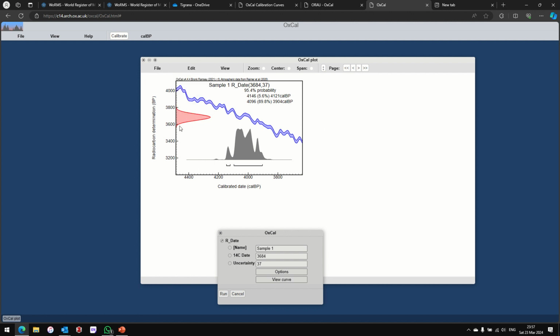This red curve also doesn't make much sense to me, to be very frank, because mine was 3684 plus minus 37.